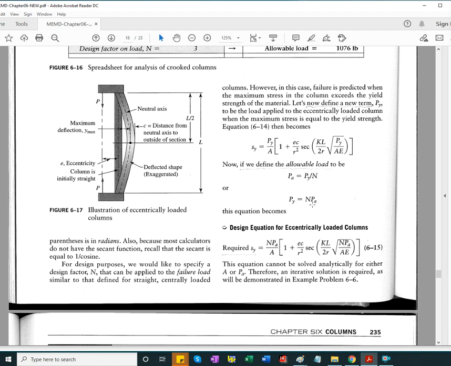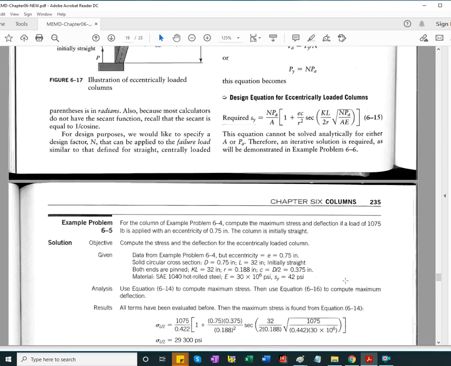So we have the version of the earlier formula that says what is the required yield strength of the material when I have this allowable force and this design factor. The Young's modulus of the material is known, the cross section is known, the type of end support or fixity is known. Okay.